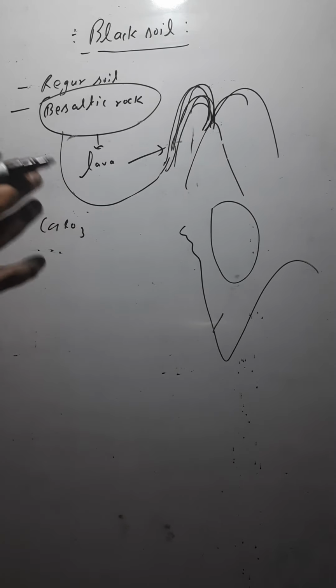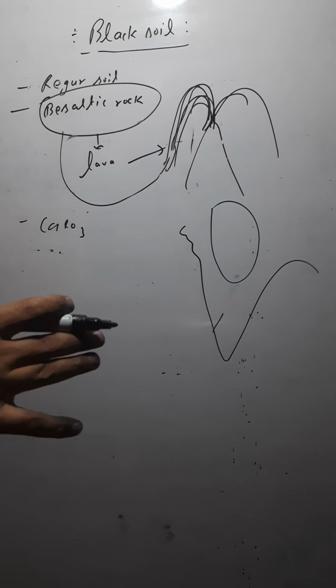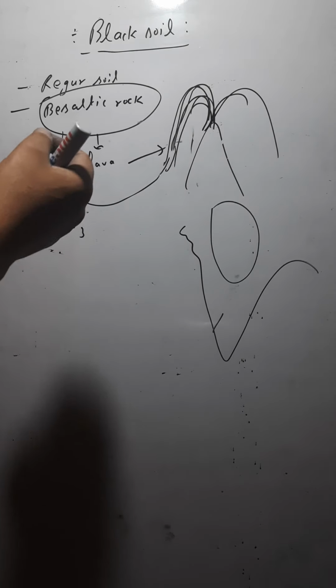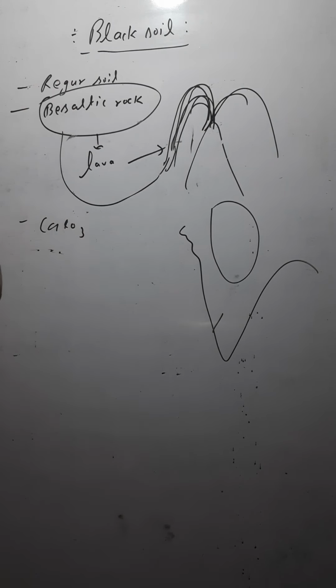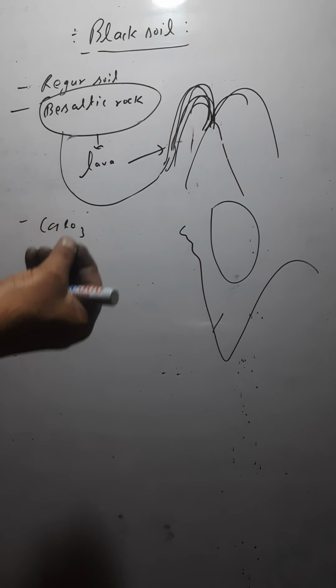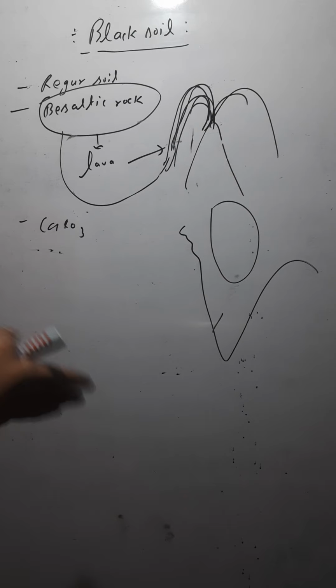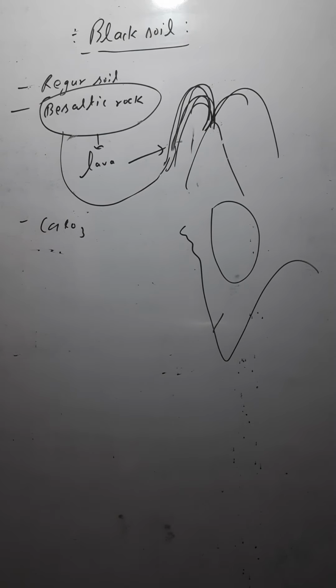You would find phosphorus in a very small amount. It can be an objective type question: which content is least in the black soil? The answer would be phosphorus.